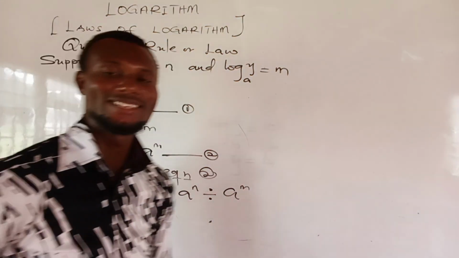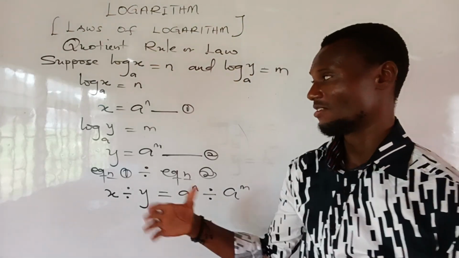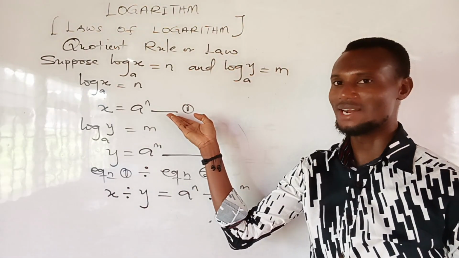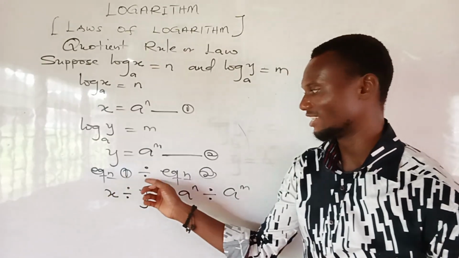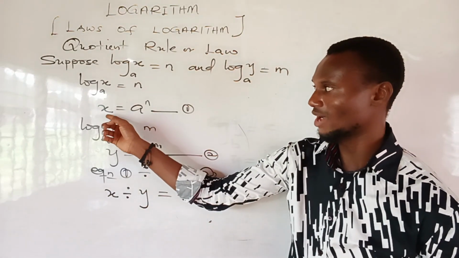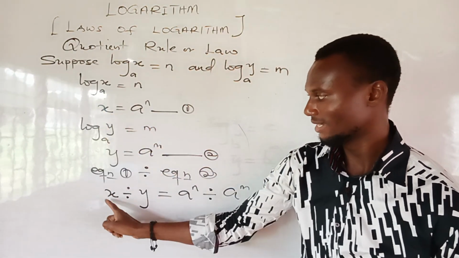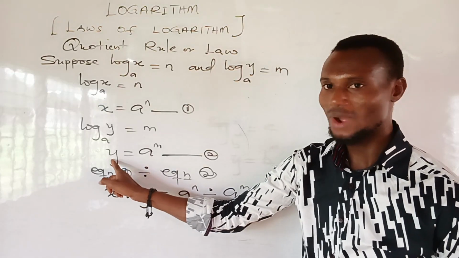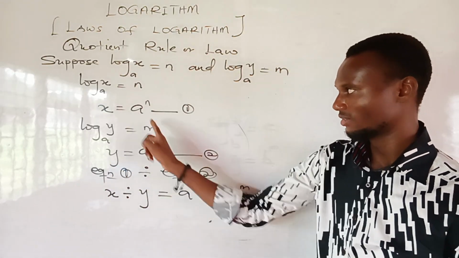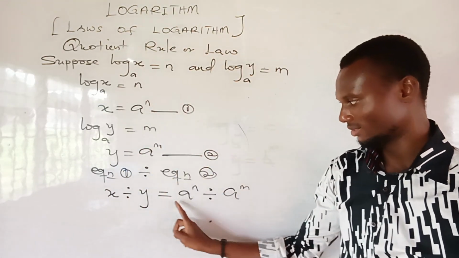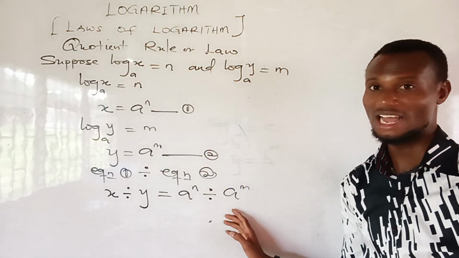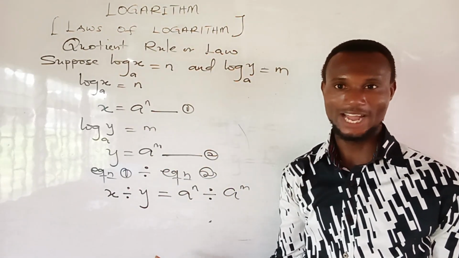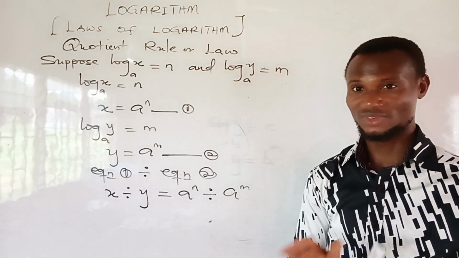I hope you understand up to this point. Very simple. This is equation 1, this is equation 2. We want to do equation 1 divided by equation 2. So the s is here divided by the y, equals the a to the power n is here divided by the a to the power m. That's what we have here. As simple as that.